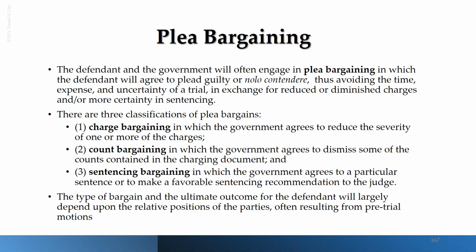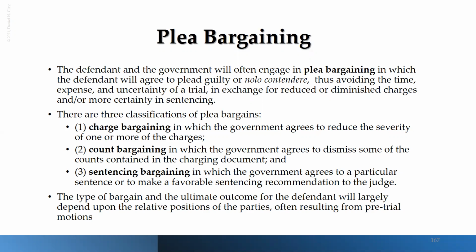Now, this is where things get interesting, especially at the federal level. So in sentence bargaining, the prosecution and the defendant jointly agree that this person will plead guilty and they will receive probation, right? Both sides agree, and you go to the judge.